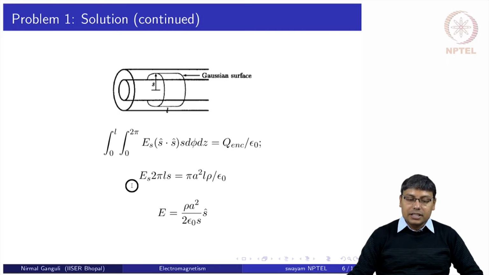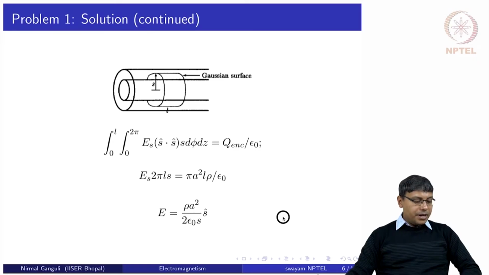So, with this we can again find that the Es times twice pi L s is this time pi a squared, not s squared. A squared, A is the radius of the inner cylinder, times L rho over epsilon naught. So, the electric field this time can be written as rho times A squared over twice epsilon naught s, along s cap.